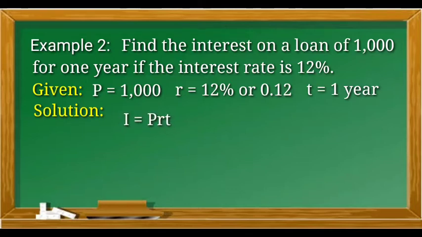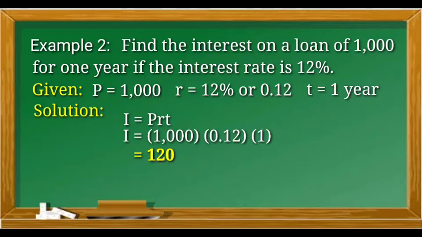Magkakaroon tayo ng I equals 1,000 times 0.12 times 1. Imo-multiply natin silang tatlo. Ang kalalabasan ay 120. Laging tandaan na ang rate ay dapat nasa decimal form.